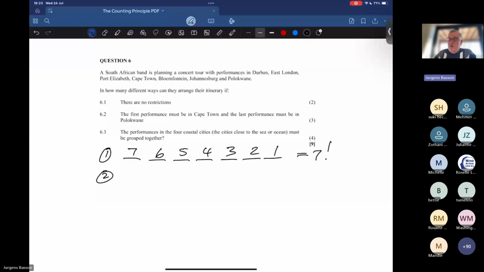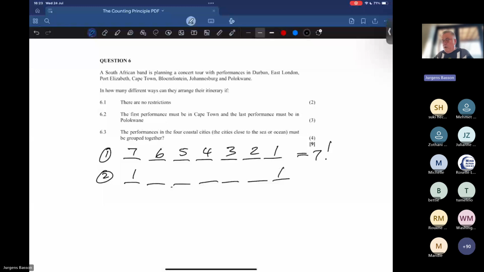In number 2, they say the first performance must be in Cape Town and the last performance must be in Polokwane. So it's 1, 2, 3, 4, 5, 6, 7. First one is Cape Town. There's only 1 Cape Town. So I restrict first position to 1. Last position, Polokwane. So you agree these 2 cities are fixed on this program.